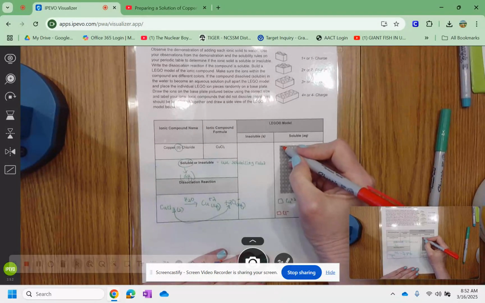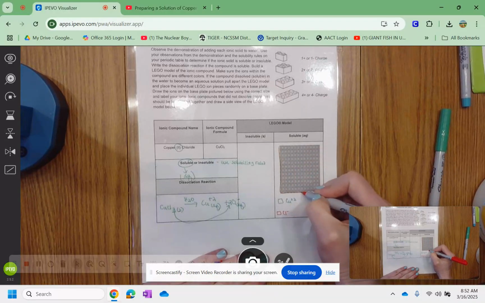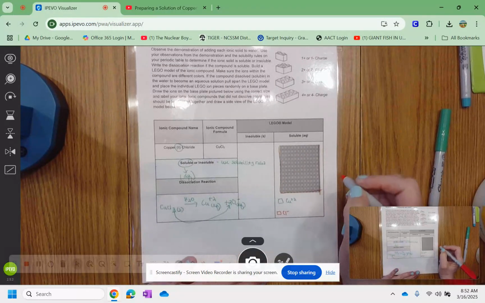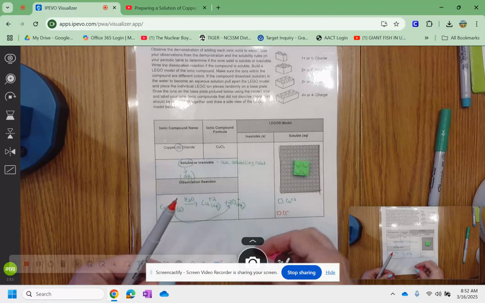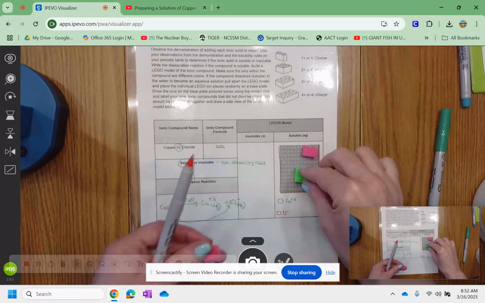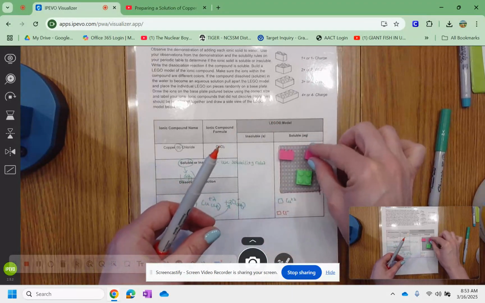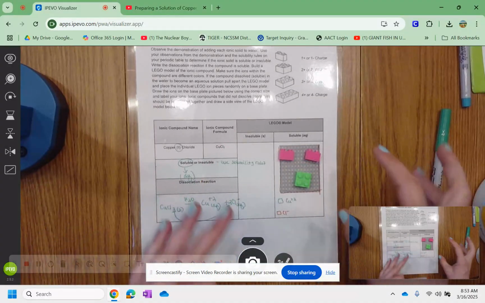Now again, my drawing here, you can imagine that this is my test tube or my beaker, whatever your scenario may be. And so you have 1 copper ion according to your equation, so there's my copper ion. And according to my equation, I'm supposed to have 2 chloride ions. So there are my 2 chloride ions, right? This is soluble, so nothing is connected together.